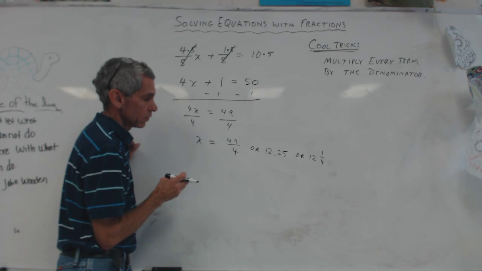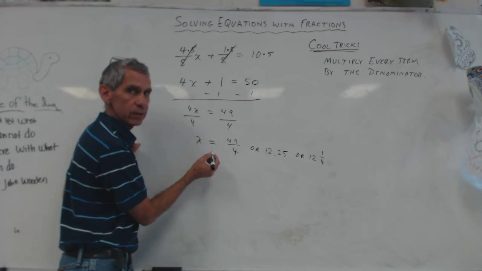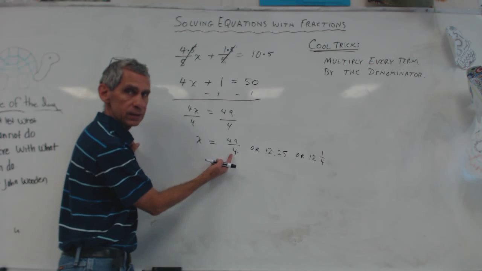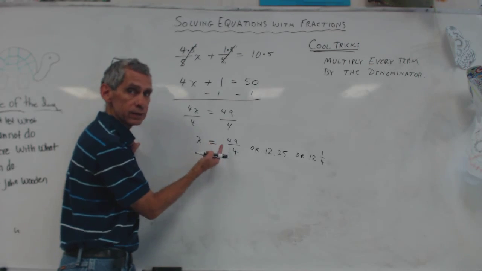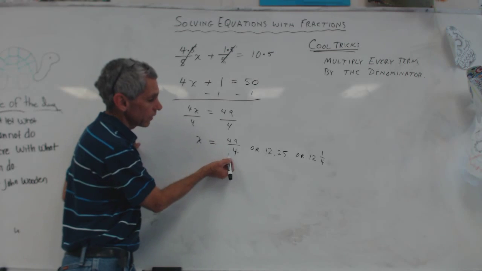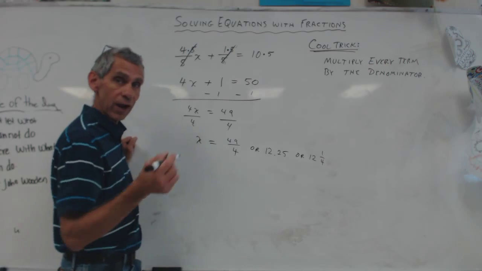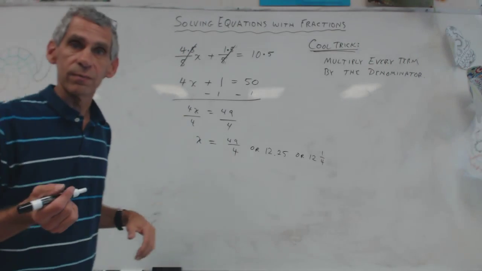But if you did that, then you'd have 4 times this over 4 times 4, which is 16, right? So then you'd have to divide by 16. Right now it's just 49 divided by 4, which is what a fraction is. Every fraction is a division problem, right?